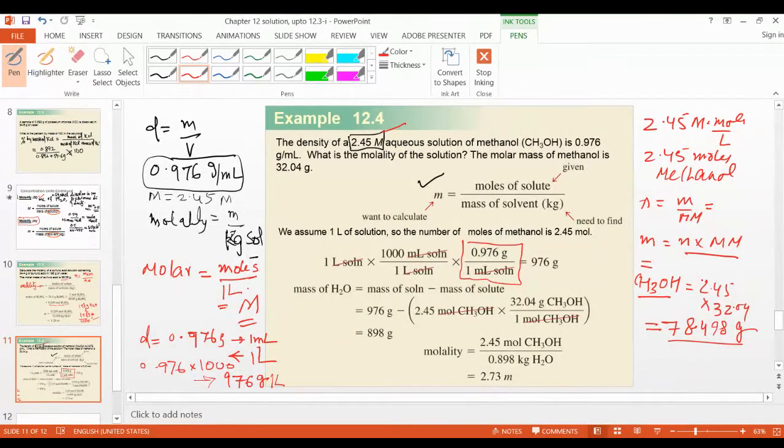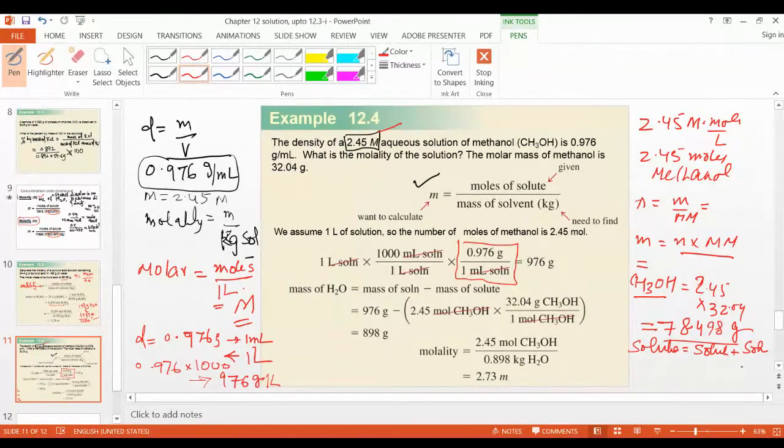So you know this is the mass of the solute, and the solution is solute plus solvent. So solvent equals solution minus solute, right?